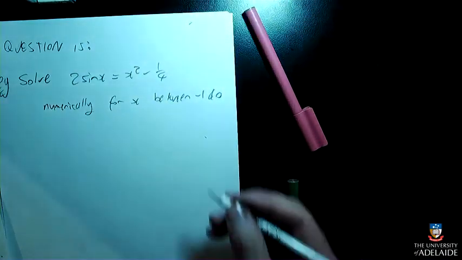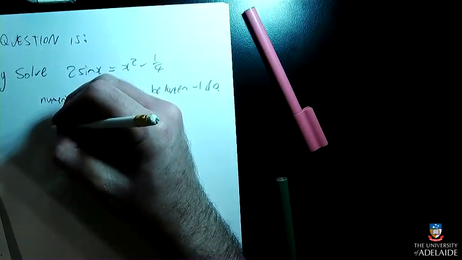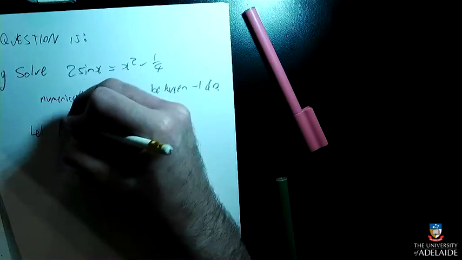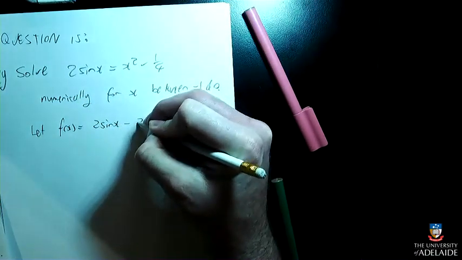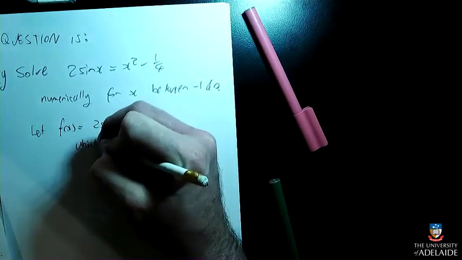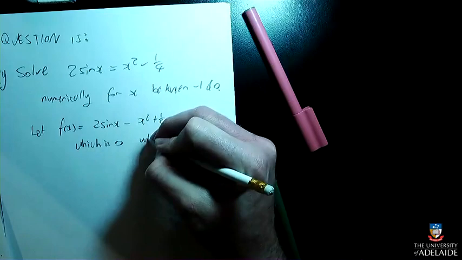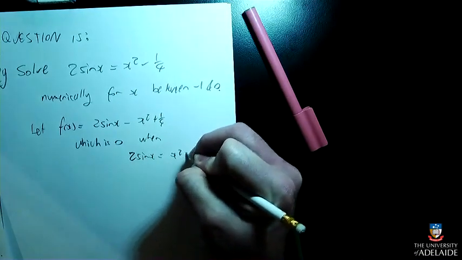There we go. So let f of x be 2 sine x minus x squared plus a quarter, which is 0 when 2 sine x is equal to x squared minus a quarter.